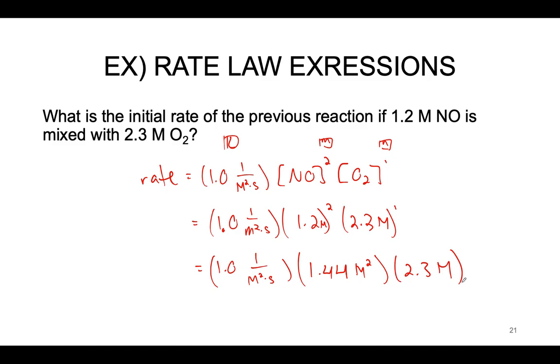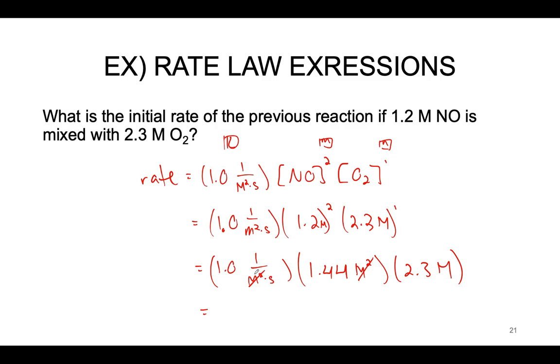So here, numerically, it's pretty easy to work out. We're going to be taking 1.44 and multiplying it by 2.3. But before crunching those numbers, I want to pay real close attention to our units. As we take all of our units and combine them together, we're going to be taking the inverse of molarity squared and multiplying it by molarity squared.